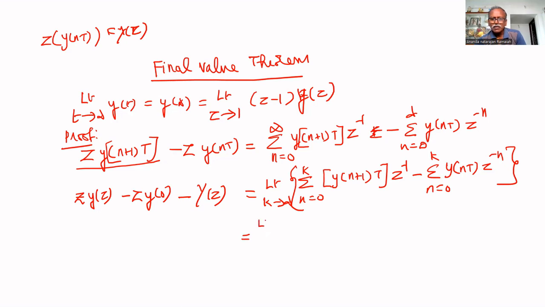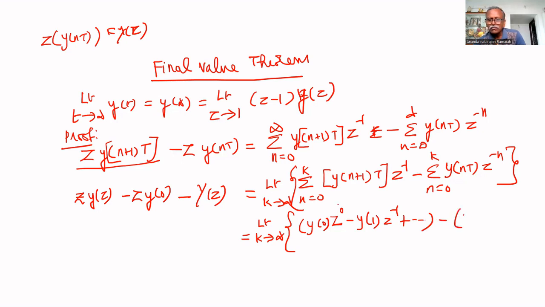This can be written as limit k tends to infinity. If you put n equal to 0, you will get the first term is y of t z power 0, minus y of 0 z power 0, minus y of 1 z power minus 1 plus etc.